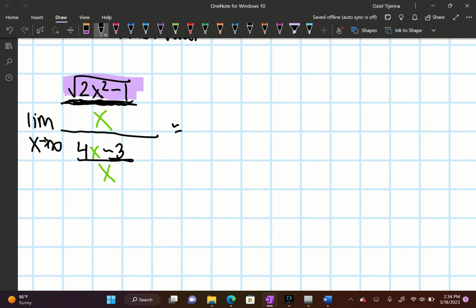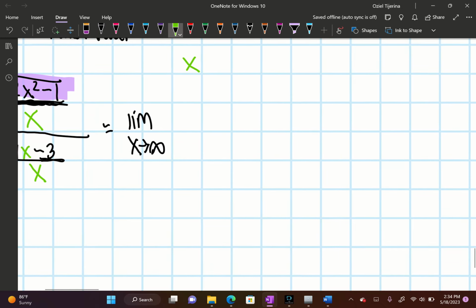If I write x as a radical, x equals the square root of a, and I want to solve for a, I square both sides.